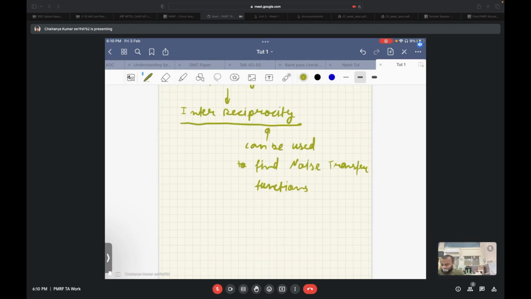So in this tutorial, we will take examples of some standard circuits that are regularly used in analog IC design, and we will try to apply the inter-reciprocity theorem on those circuits. So let's start with that.